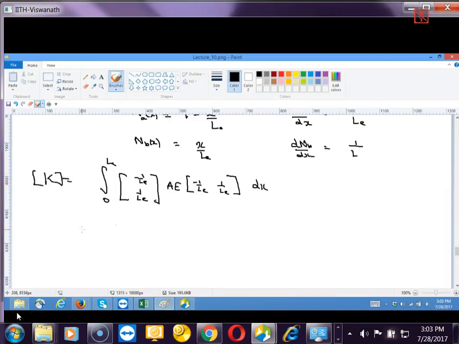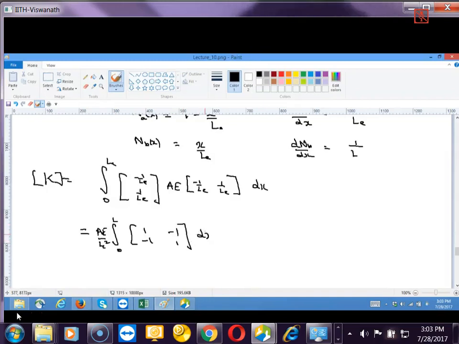So let me multiply it first. Integral 0 to L, AE by LE square, it is 1 minus 1 minus 1 1 dx.